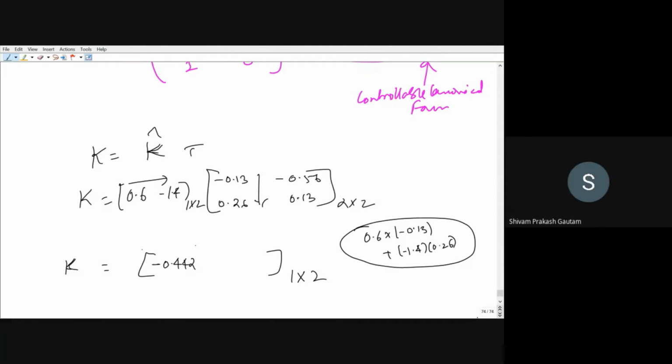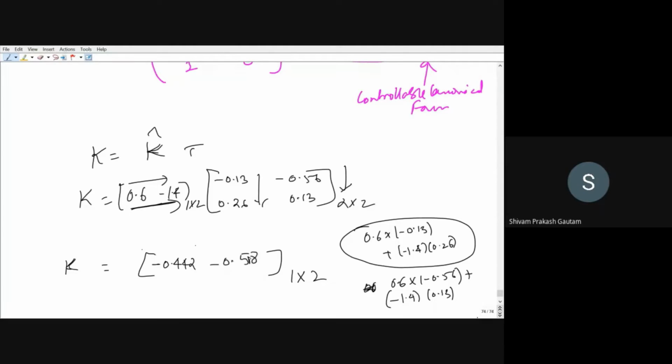This is your K1, and K2 will be equal to this row multiplied by this column. So this will be equal to, again, 0.6 multiplied by minus 0.56 plus minus 1.4 multiplied by 0.13. Calculate this. It is minus 0.518.